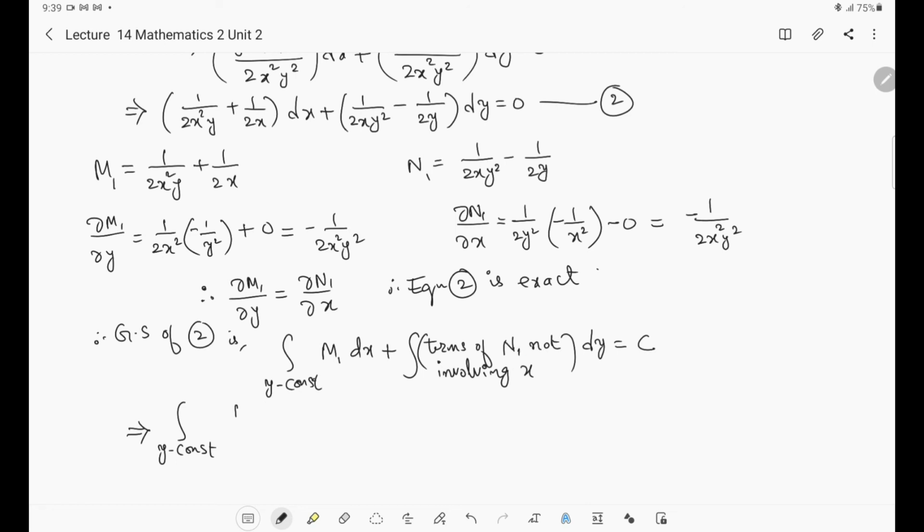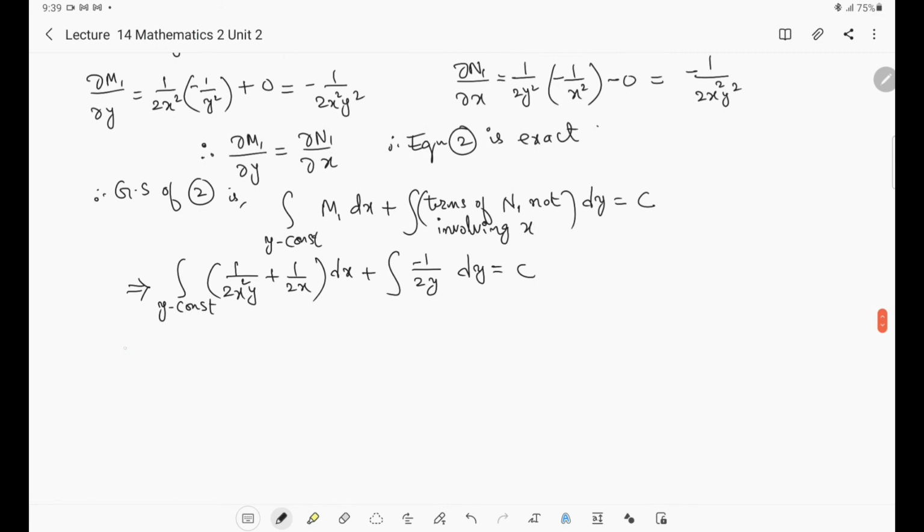What is m1? m1 is 1 by 2x square y plus 1 by 2x, into dx, plus integral of terms of n1 not involving x, right? Here two terms are there in n1. This one is involving x, only this is the term not involving x. So we write here minus 1 by 2y into dy equals constant. Now we have to integrate this, then we will get the required general solution.